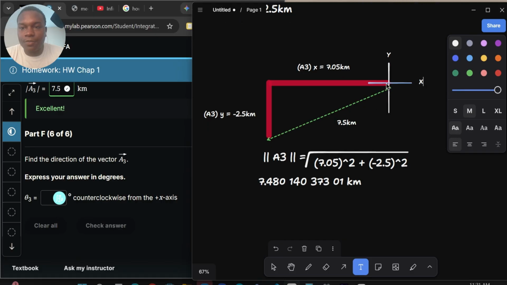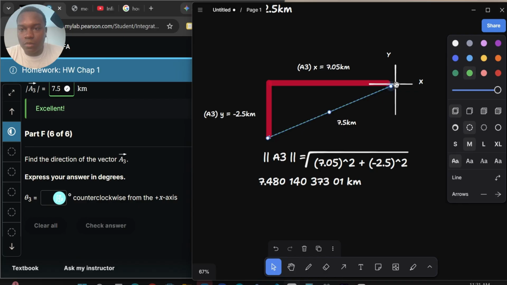This is our angle. Might be a better idea to move this. I'm just trying to make this make sense.